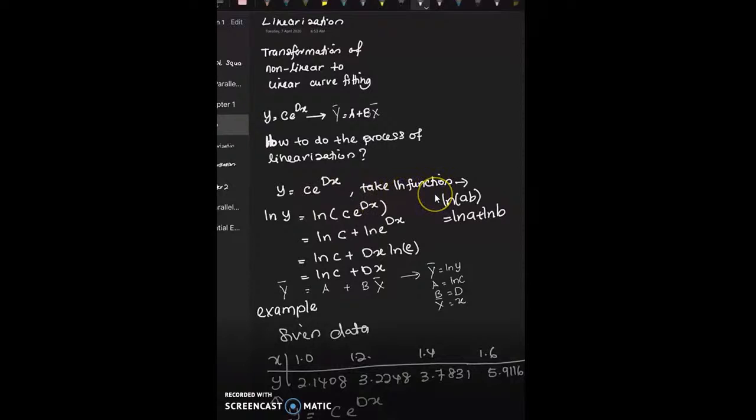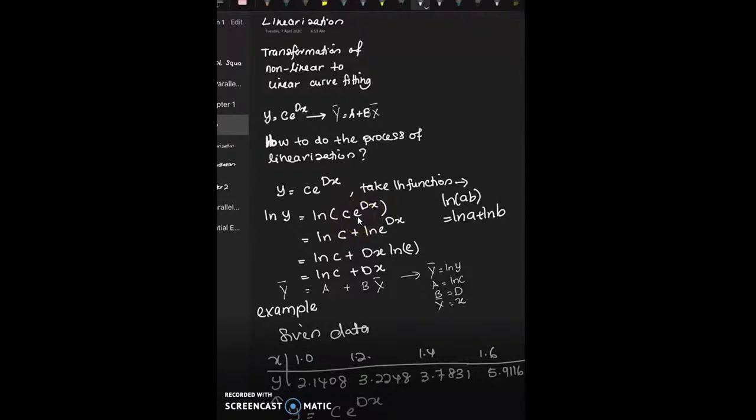However, ln of the exponent is equal to 1, because ln is the opposite of the exponent. So you get ln y equal to ln c plus dx, times 1.